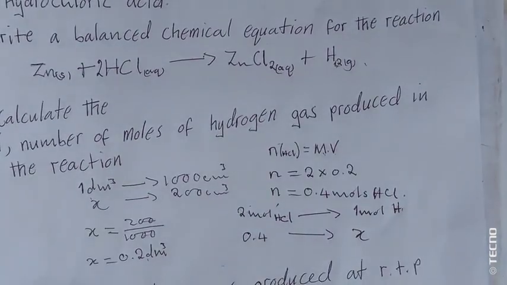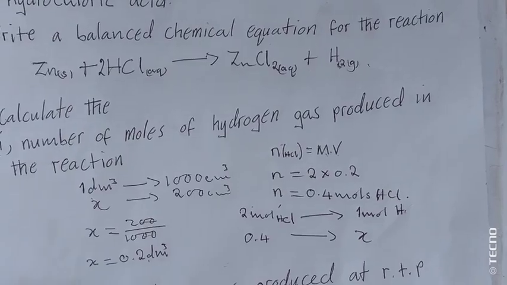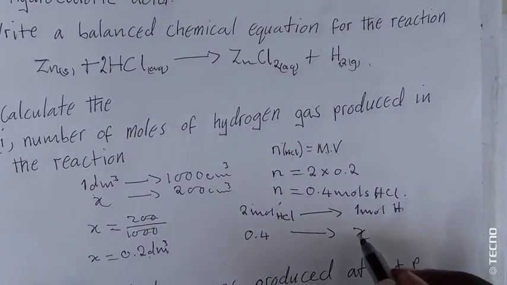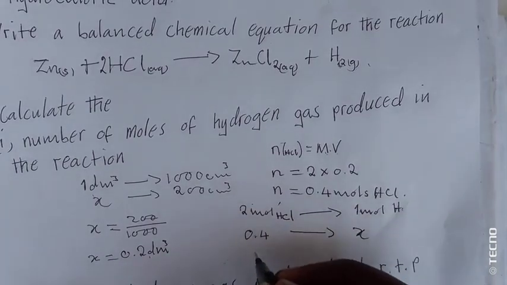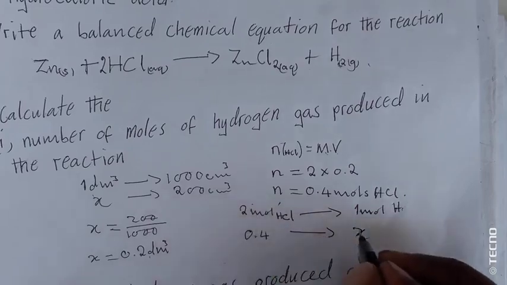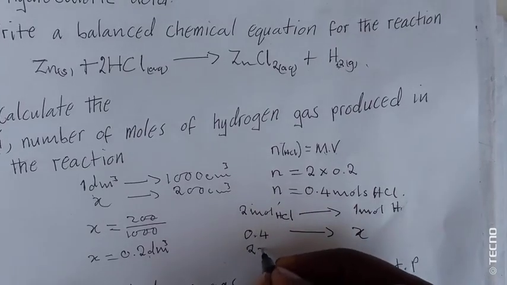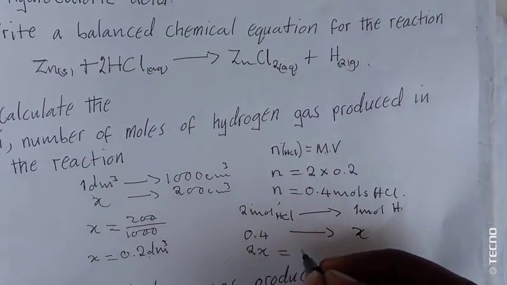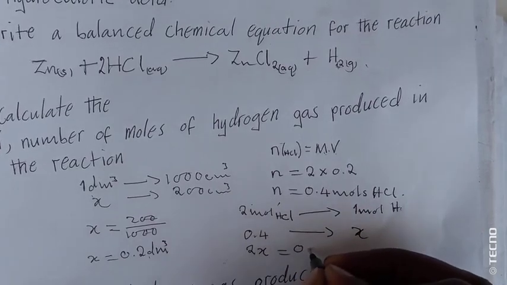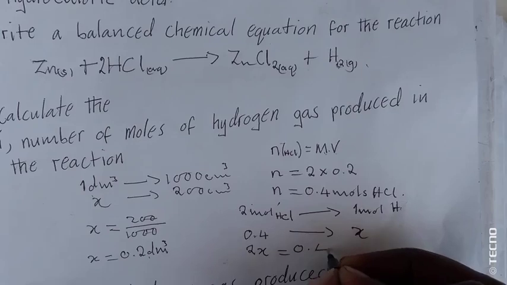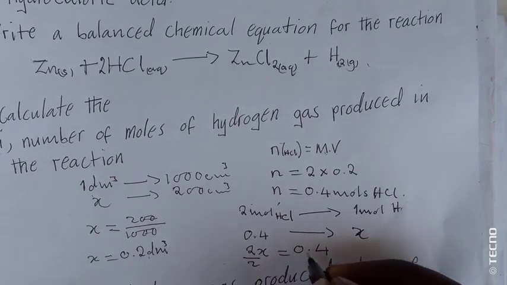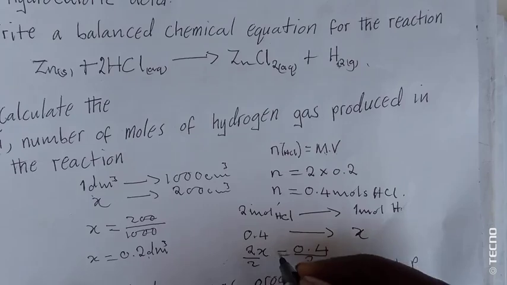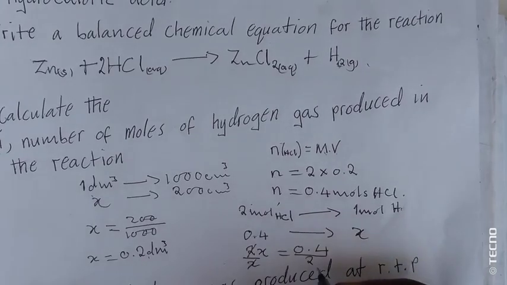So we simply cross multiply, and we get 2x is equal to 0.4. Then we divide by 2 on both sides.